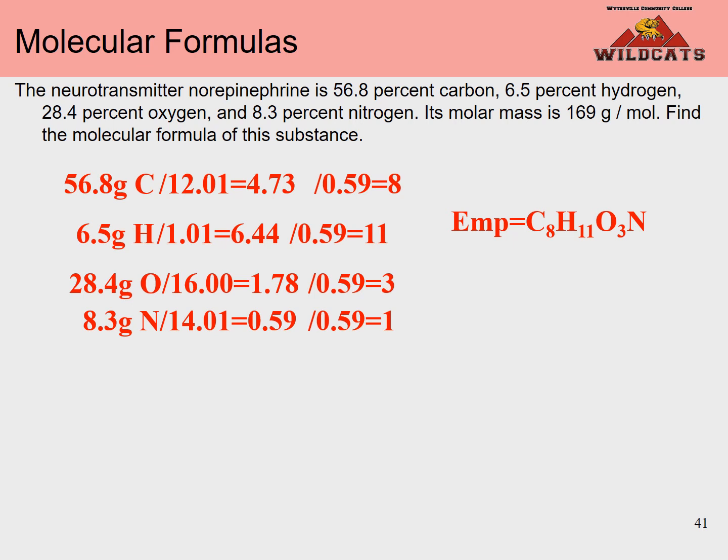But we have a lot of organic compounds where the empirical formula is a simple whole number less than the molecular formula. And to find what that simple number is, or what we need to multiply this formula by to come up with the molecular formula, we use the molar mass.